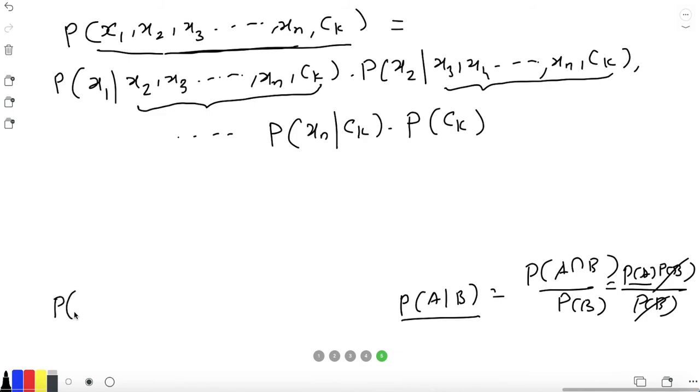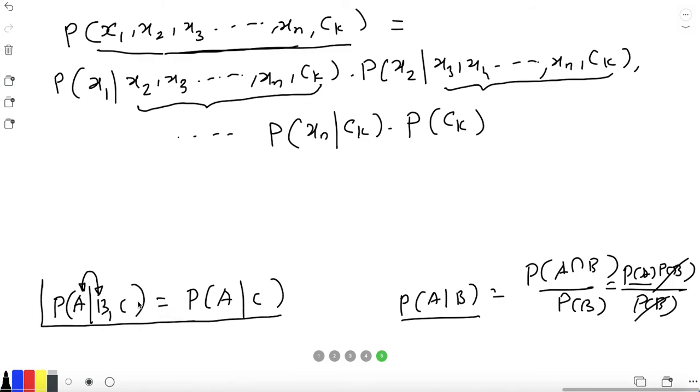Now, if I write probability of A given B comma C, which is equal to probability of A given C if A and B are conditionally independent. If A and B are conditionally independent, then I can write this as probability of A given B, C is equal to probability of A given C. So by applying this conditional independence of the features, I can rewrite this.